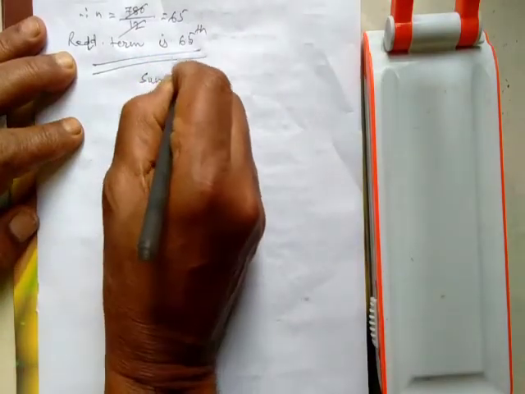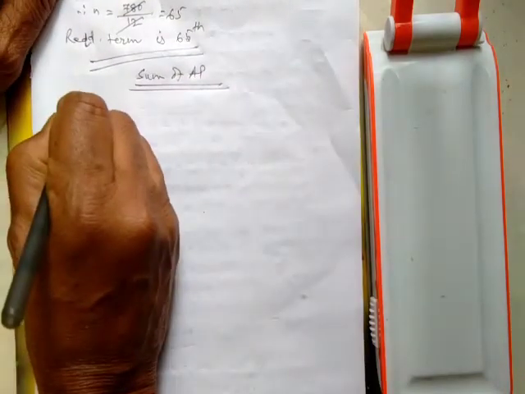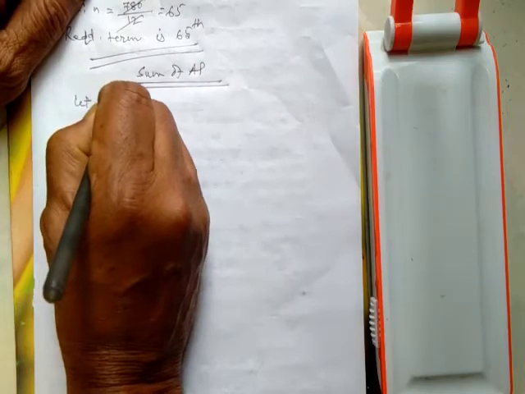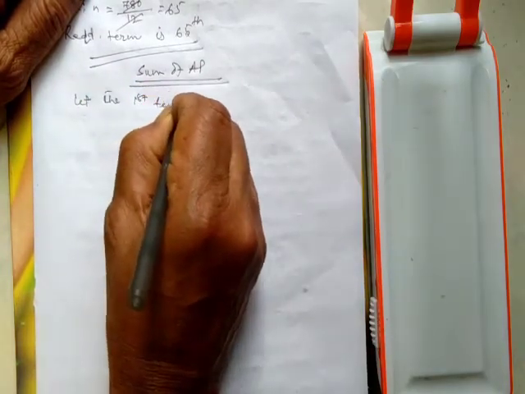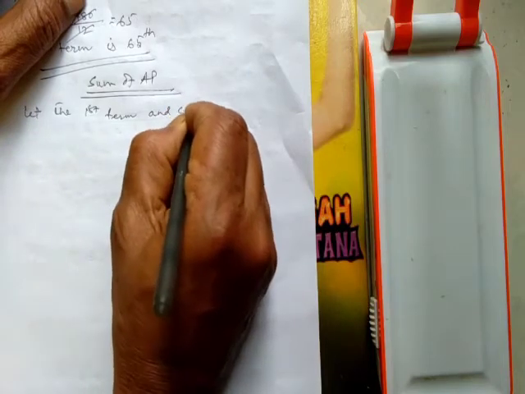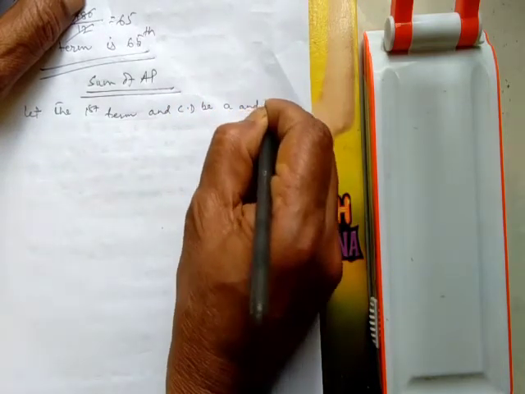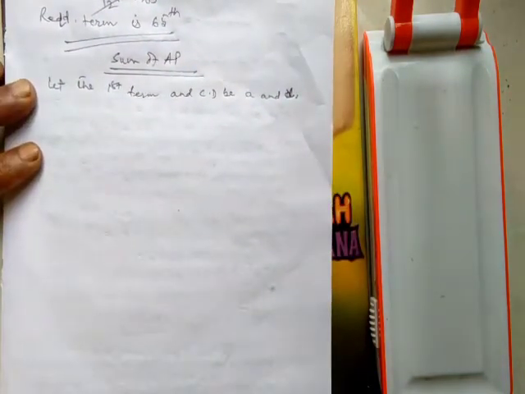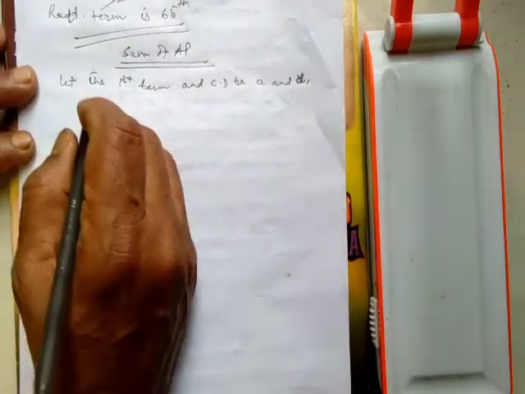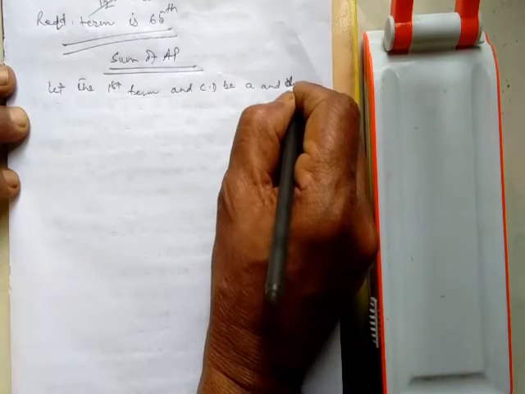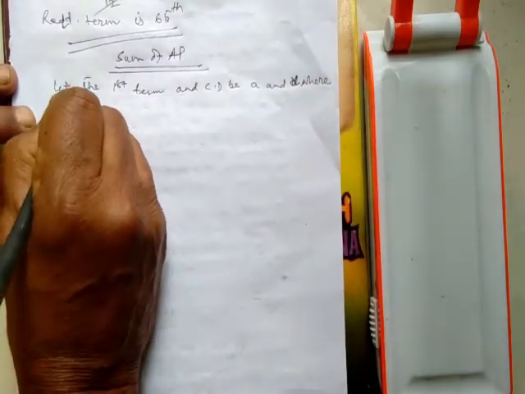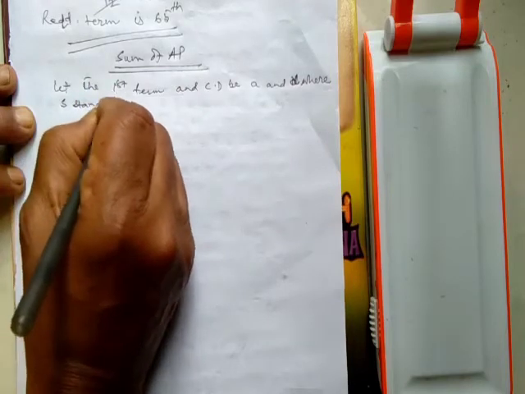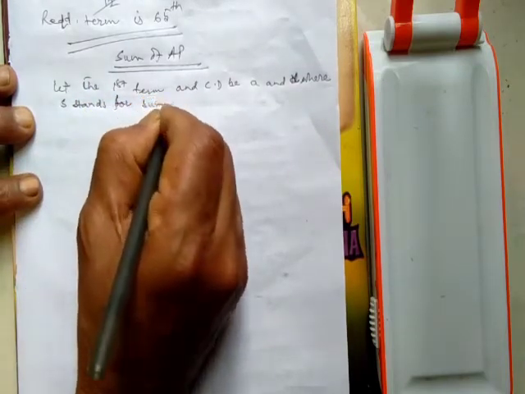Next we will see summation, sum of AP. Let the first term and common difference be A and D, where S stands for sum.